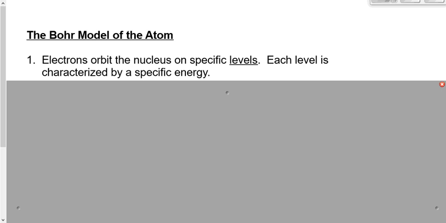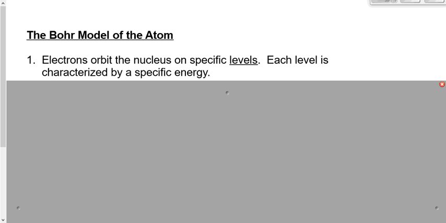Electrons orbit the nucleus, not just anywhere they want, but on specific levels. The first level, the second level, the third level. In chemistry, you learn that the first level can have 2 electrons, the second level can have 8 electrons, and so on. I don't remember all the numbers. That doesn't matter for us. We just need to know that they orbit around on specific levels. And each level is characterized by a specific amount of energy.